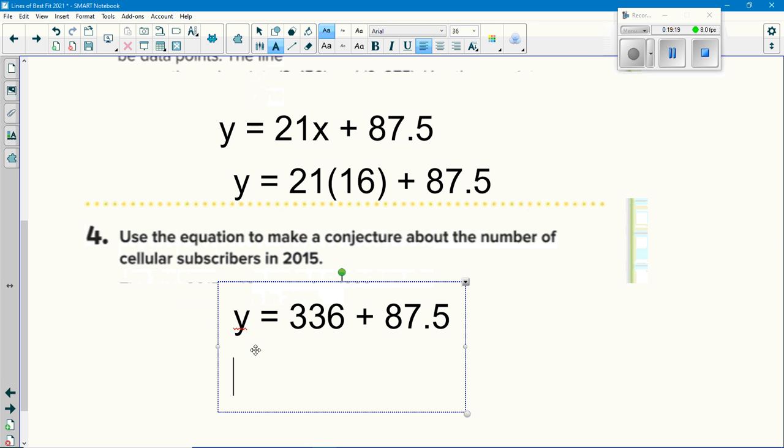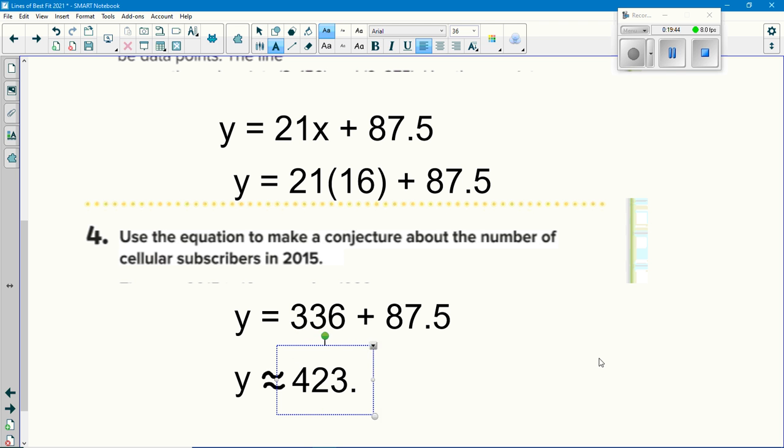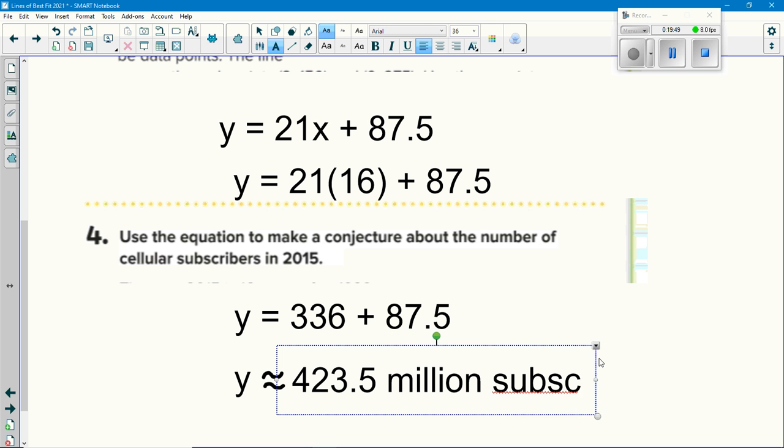This is an approximation, so we know it's not perfect. If I add that together, I'm looking at 423.5 million subscribers. And that seems reasonable.